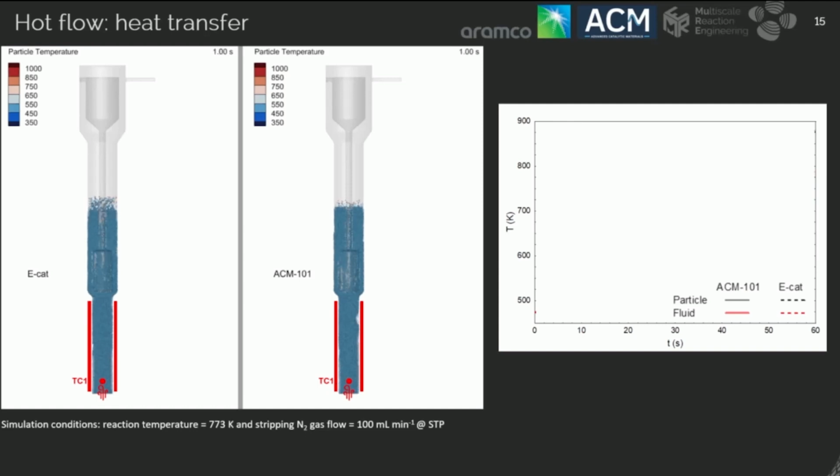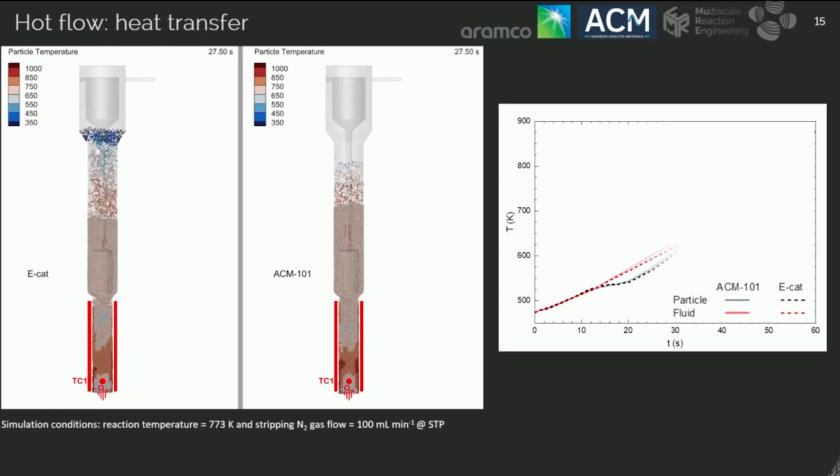We can see that at the beginning, the temperature of the ECAT at this point is getting a little bit higher than that of SM101, and that is due to the lower thermal conductivity. So the heat cannot dissipate easily from the ECAT.